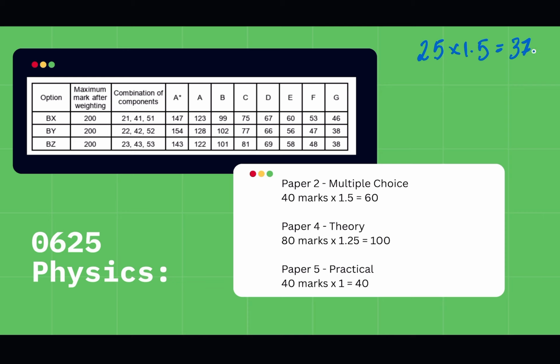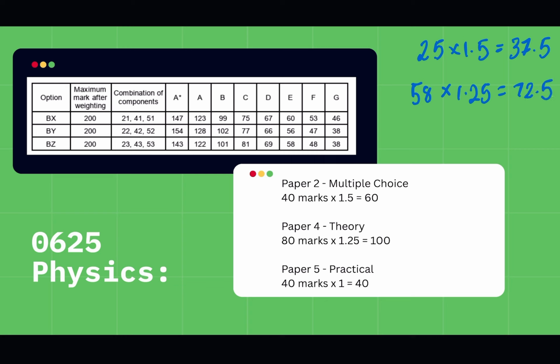So let's write that down. And then theory was not great either. You got a 58. So you're going to multiply the 58 by 1.25, and let's see what that gives us. 58 times 1.25. Wait, my bad, I did not put the decimal. Okay, that gives us 72.5.